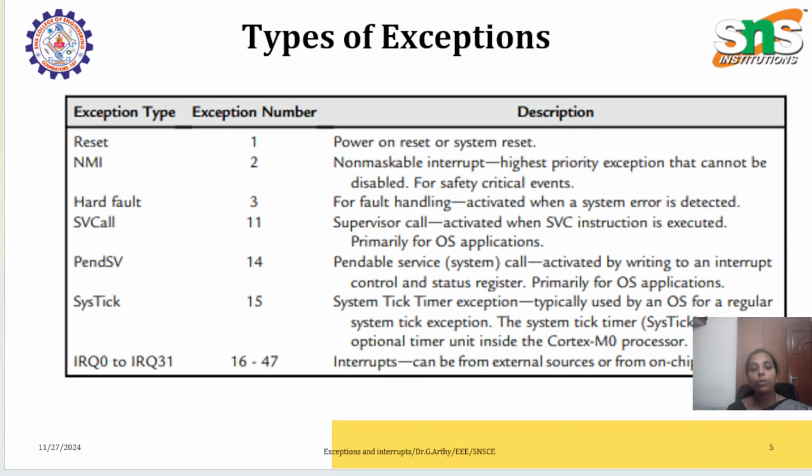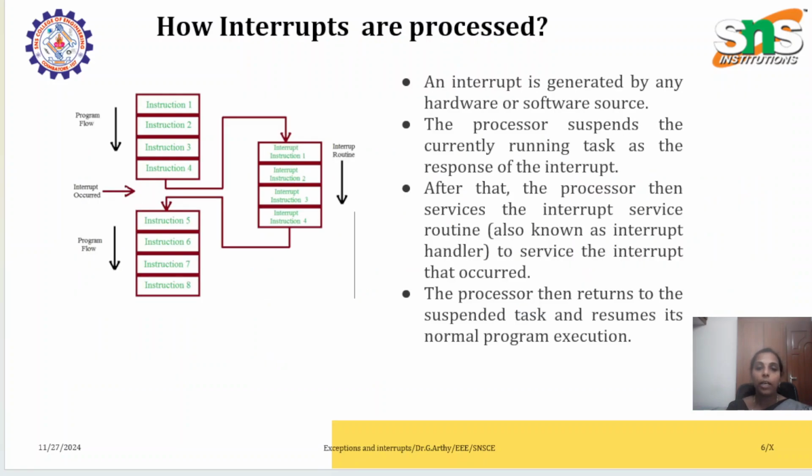From 16 onwards, there are the normal interrupts other than the special interrupts. So 32 interrupts, from exception number 16 to 47, are given. These exception numbers for different types of exceptions play a major role in executing the exceptions or interrupts.